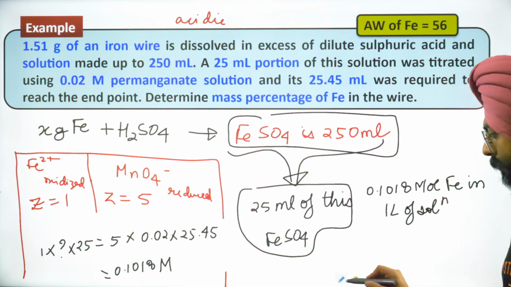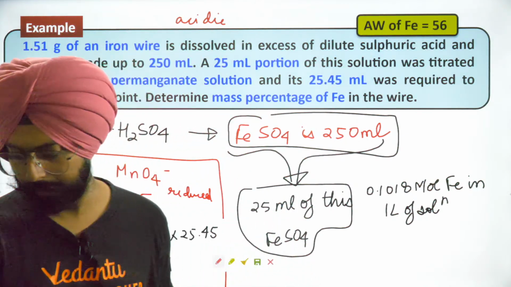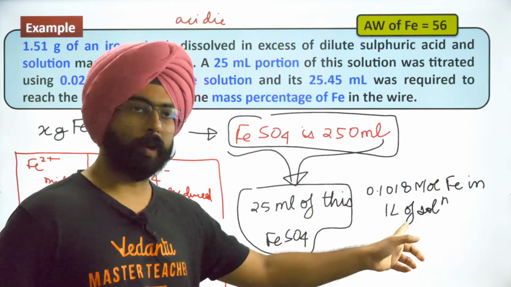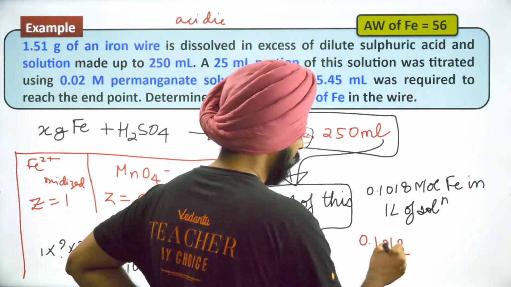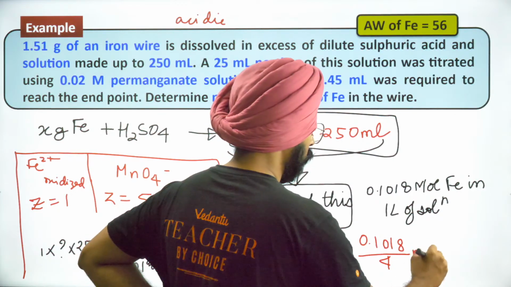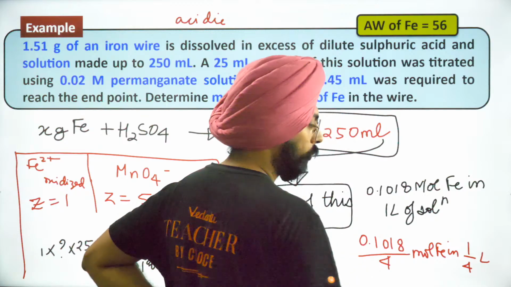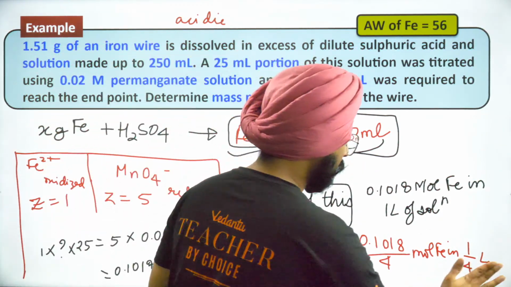Can I say that? Is that fine? So 0.1018 by 4 mole of iron in 1 by 4 liter of solution. 1 by 4 liter is how much? 250 milliliters.